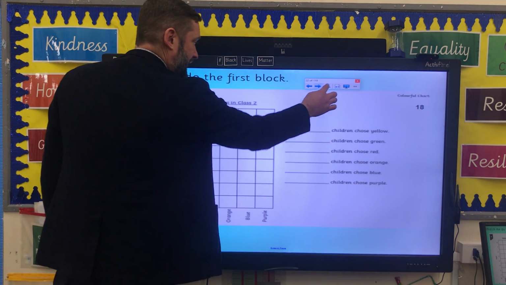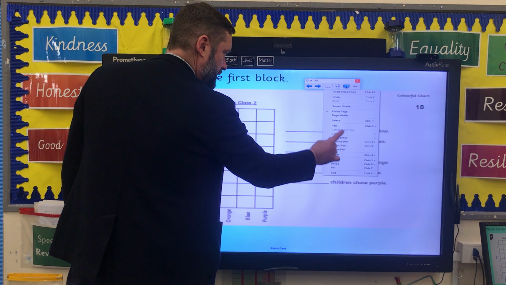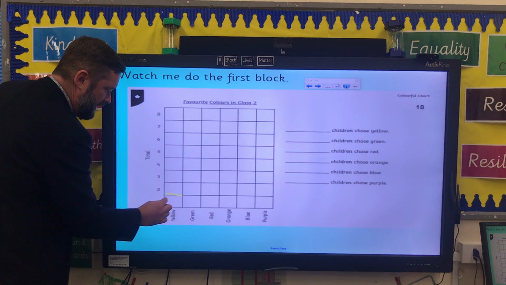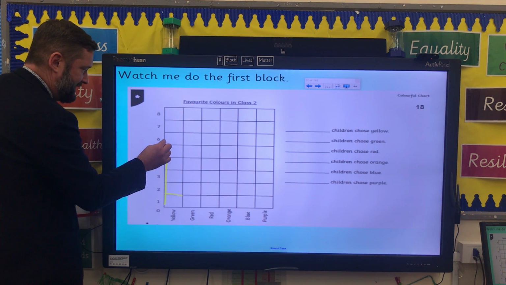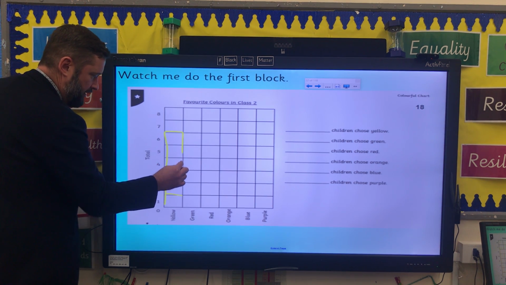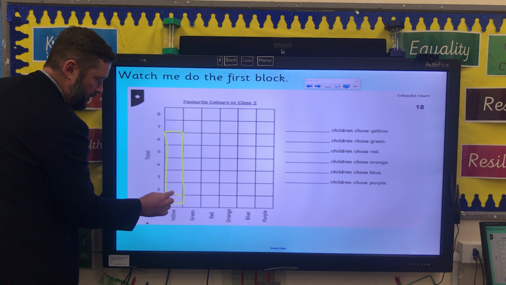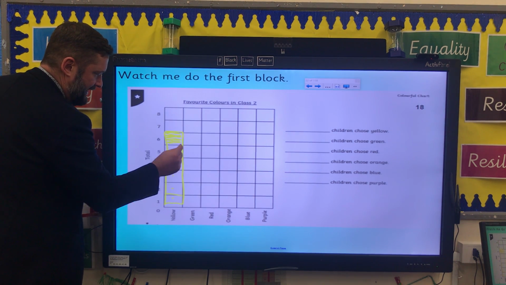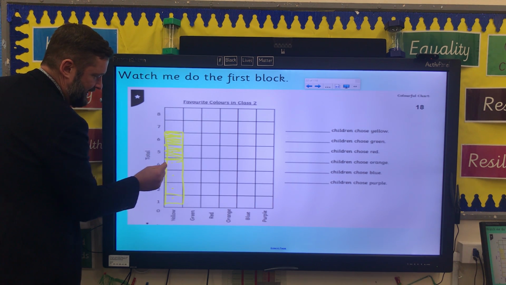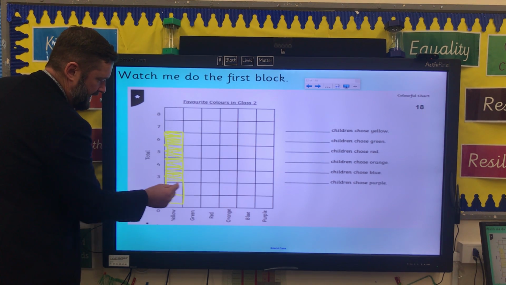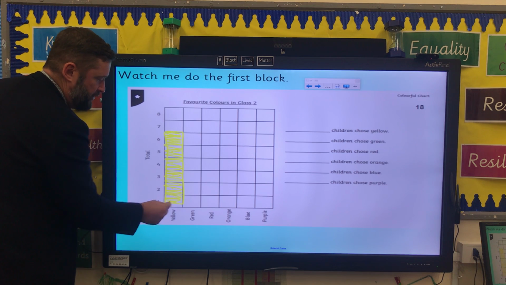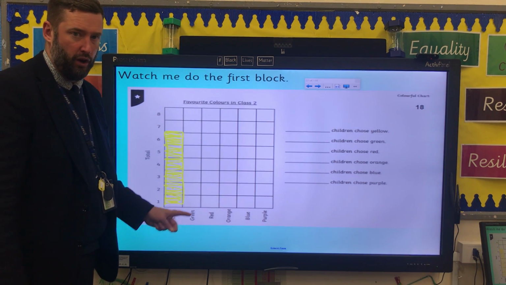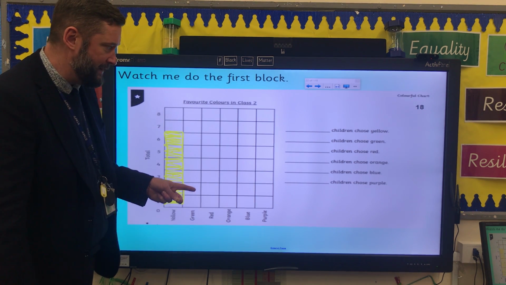So I'm going to colour in 6 squares, okay? I'm going to draw all the way around. I can use my scale as well. 3, 4, 5, 6, just to check, and I'm going to colour those in neatly. You will do it neater than me. So use your tally chart or your pictogram to complete the block diagram, okay?